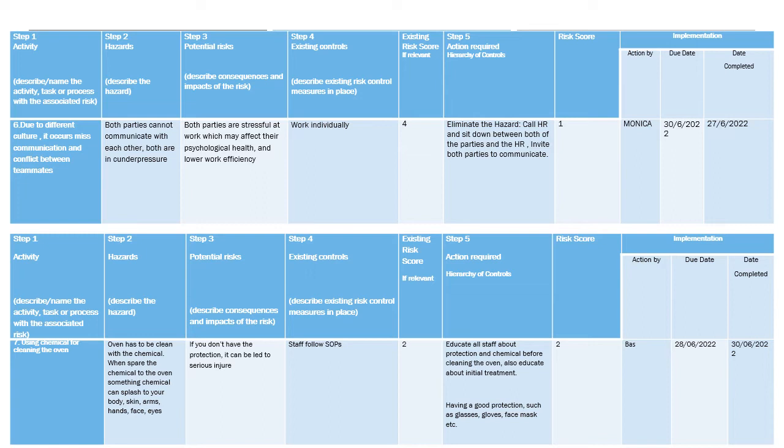So for this hazard, the action is to educate staff to use PPE and, before they clean the oven, to have good protection such as gloves and a face mask.